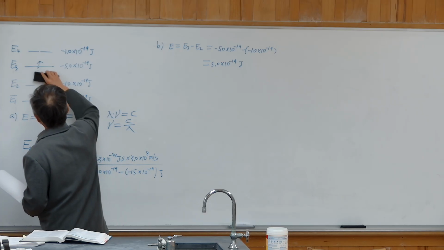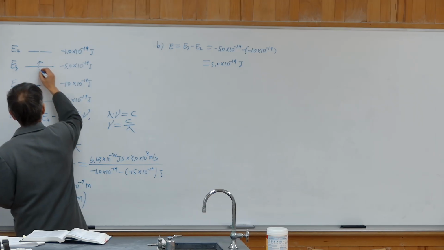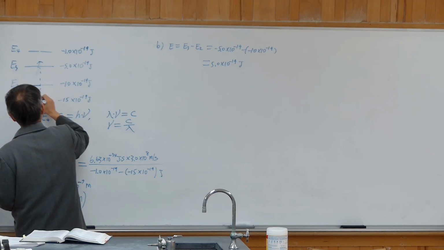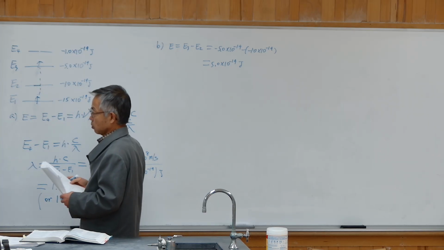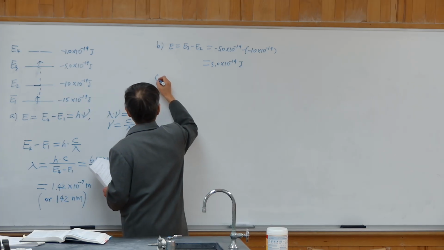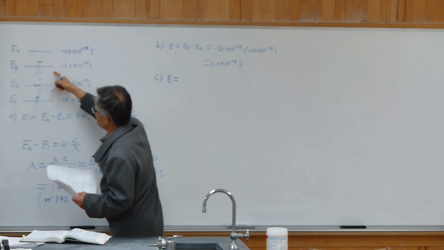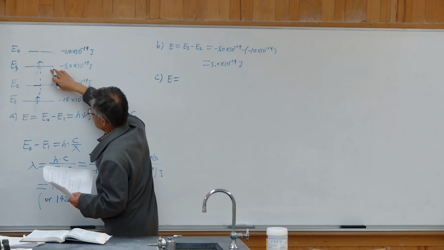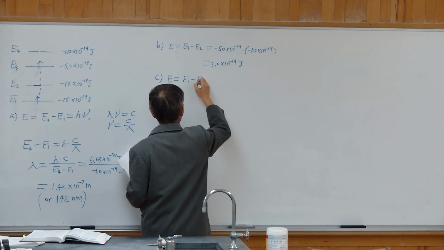The electron is initially on the E3 energy level, now drops to E1, a lower energy level. During this process, it will release energy, and this energy released is the energy difference between this and this. Since it dropped from E3 to E1, E1 is the final, E3 is the initial.